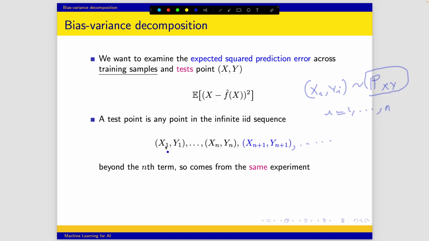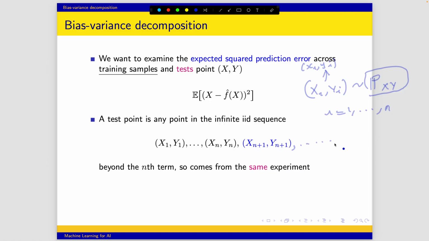So the random sample that we're assuming is what generates our data set as a realization. Our data set xi, yi, for i equals 1 to n, are realizations of these random pairs. There's an infinite sequence of them, and the training sample is the first n. A test point is any point that is subsequent to this, so not included in this.